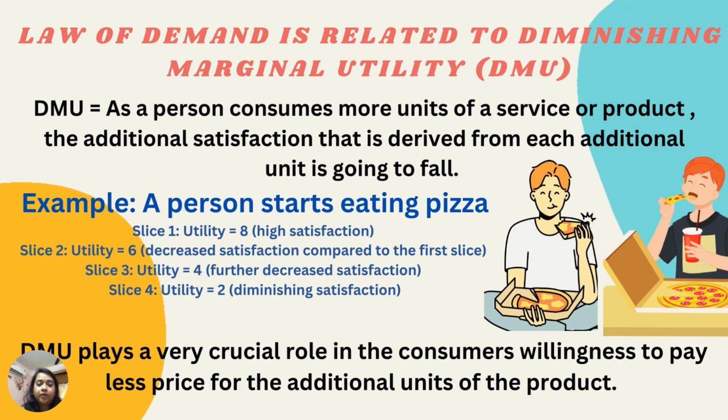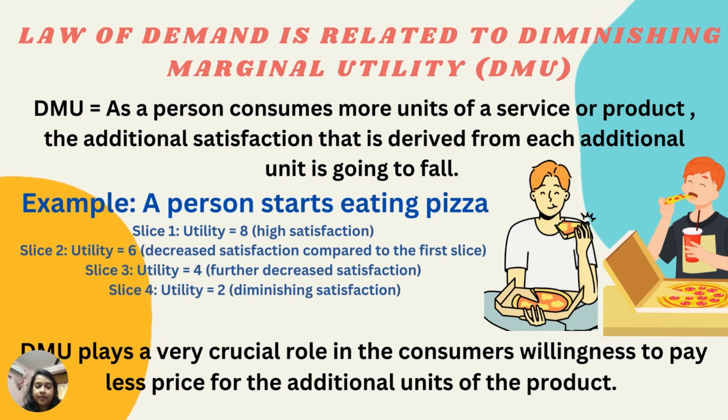Now we enter into the most important aspect of the law of demand, that is the diminishing marginal utility. To understand this, I will take the example of a box of pizza. Suppose there are four slices in the pizza. When you order the pizza, you will be super hungry. After it arrives, the satisfaction you derive from the first slice is going to be the highest of all.